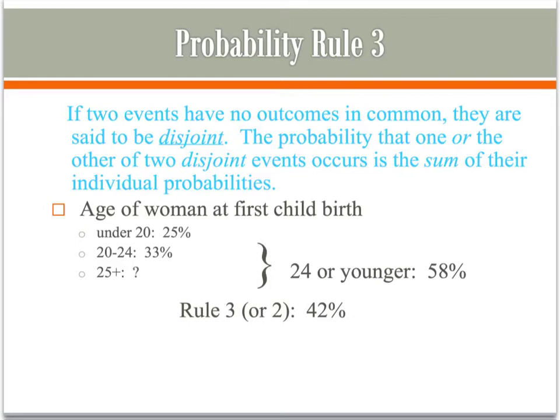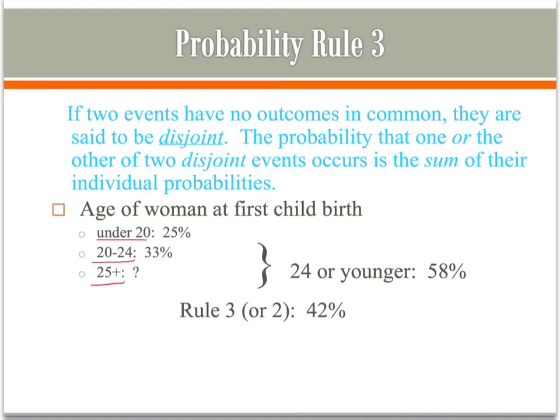So here's a situation where we have disjoint events. A woman can be under 20, between 20 and 24, or 25 plus. But a woman can't be under 20 and 20 to 24 at the same time, so those are disjoint.